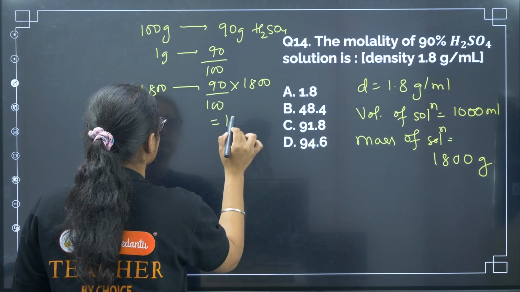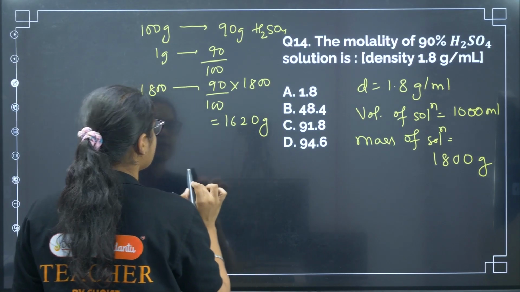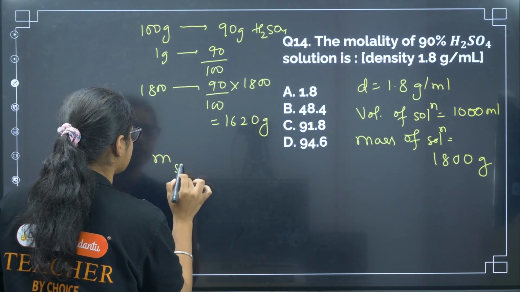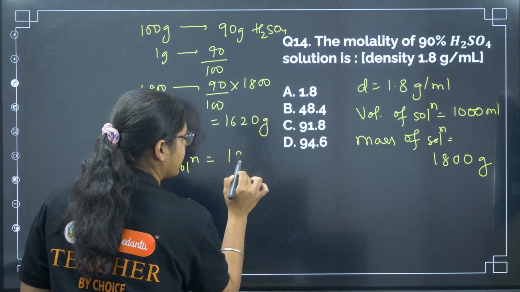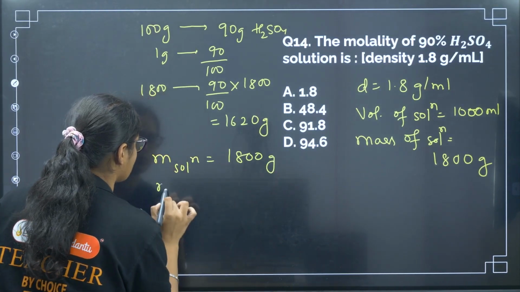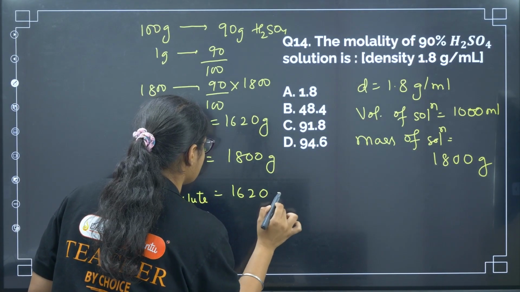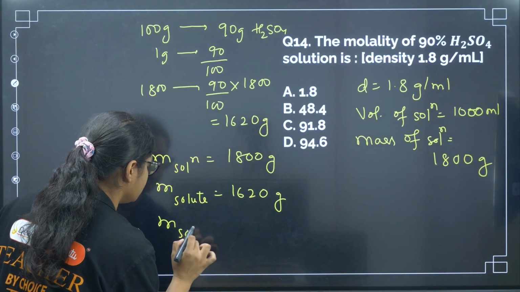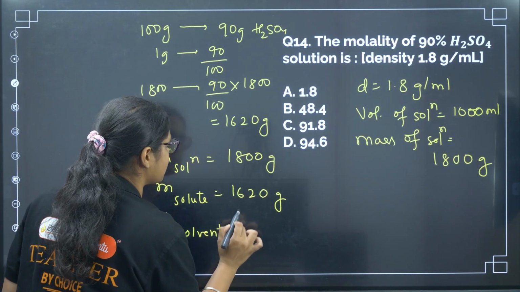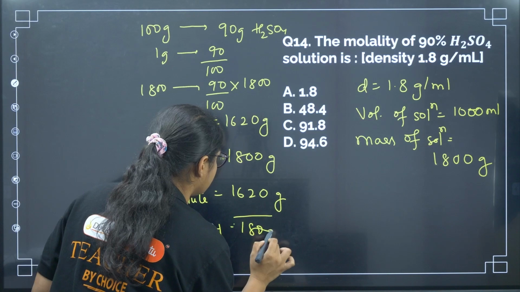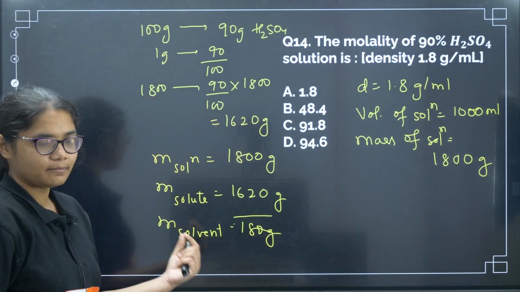That will give you 1620 gram. Total mass of solution is 1800 gram, mass of solute is 1620 gram. Then what will be the mass of solvent? You have to subtract these two to get 180 gram.